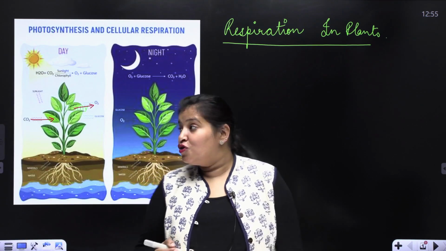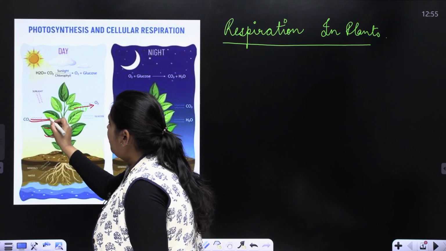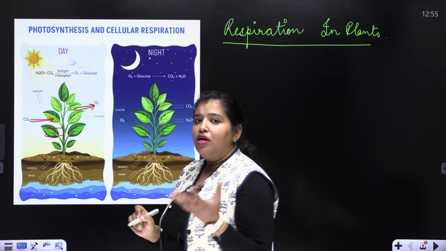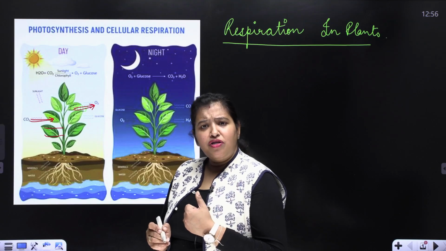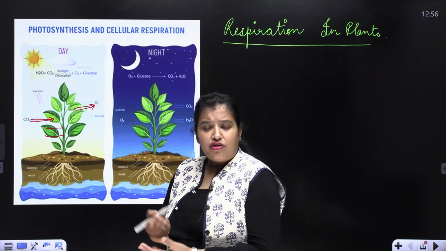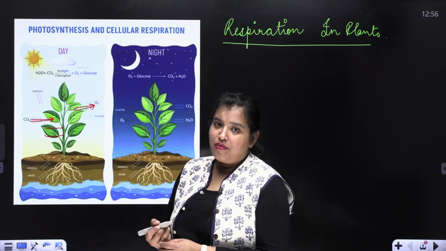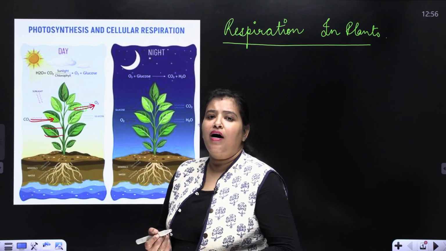That's right. So the purpose of taking in carbon dioxide and giving out oxygen was photosynthesis. But what about respiration? Don't plants need oxygen? Yes, they need oxygen also for respiration. So when are they doing it? Today we'll study and understand that part.